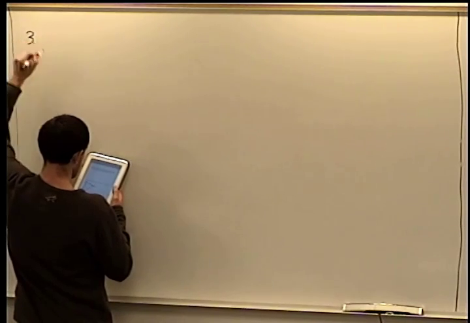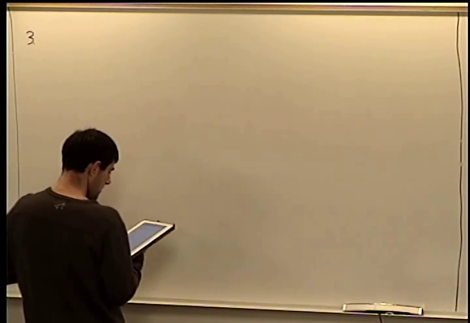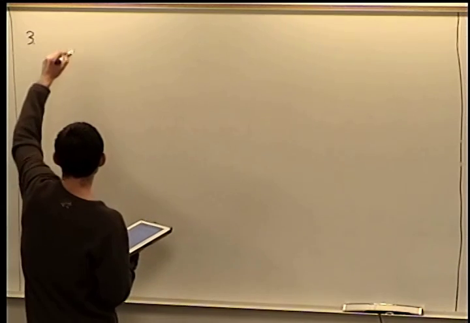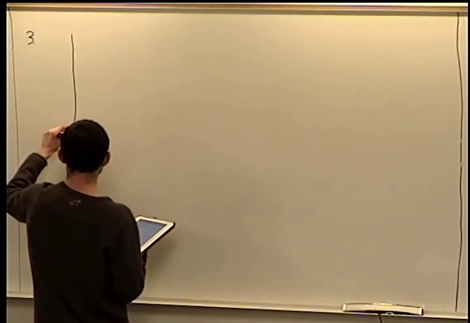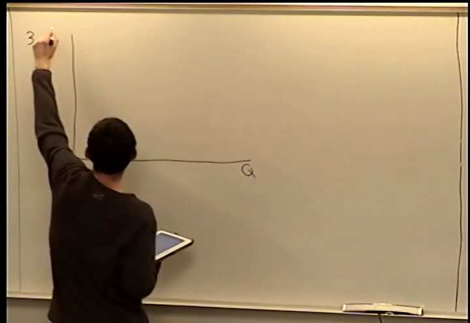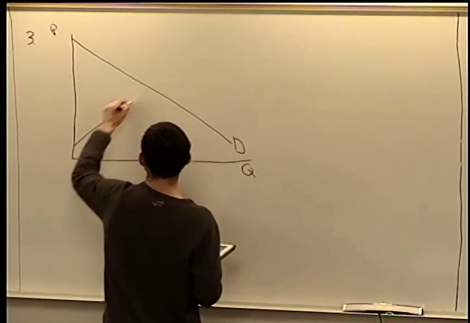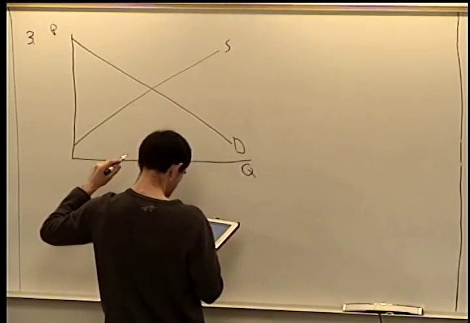question 3 is, from the graph below, I want you to find consumer surplus, producer surplus, and total market surplus. So we have quantity and price, and demand and supply.